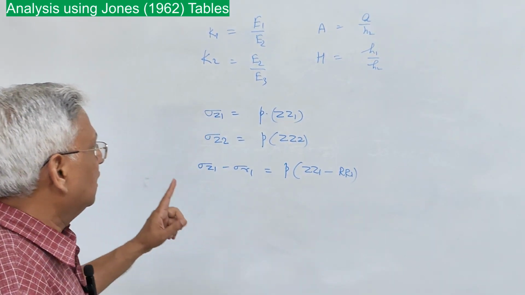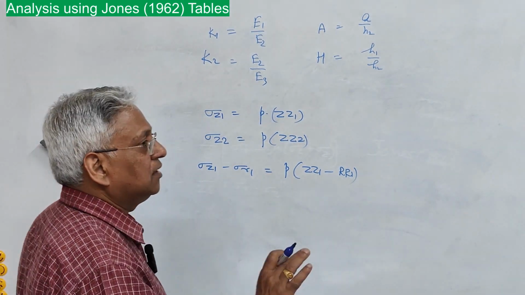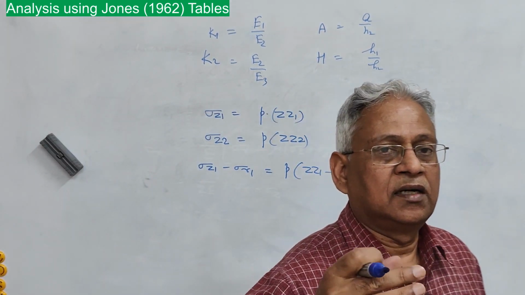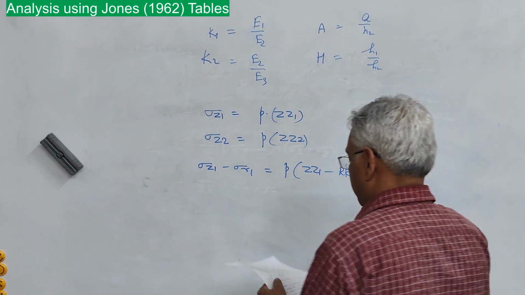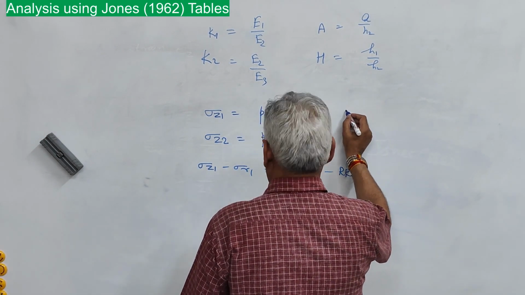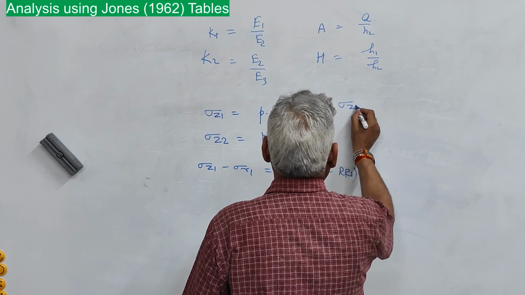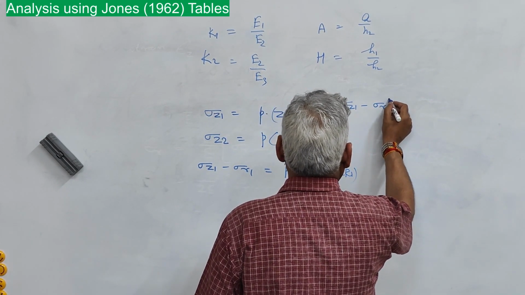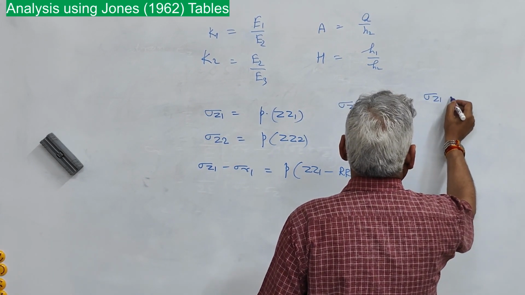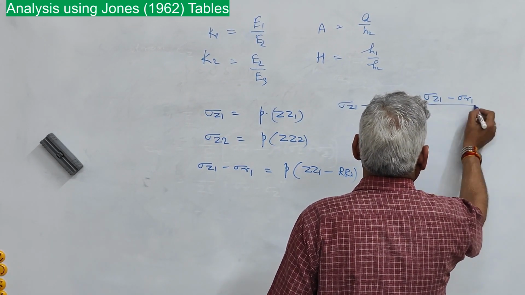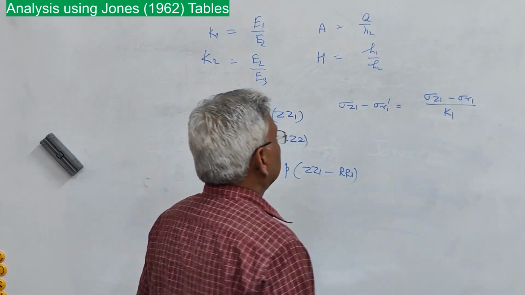And if you want to find out the radial stress at the top of the second layer or third layer, that is sigma R1 dash, then sigma Z1 minus sigma R1 dash is equal to sigma Z1 minus sigma R1 divided by K1.